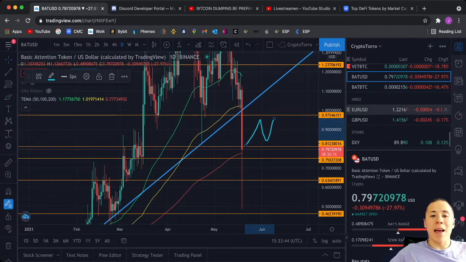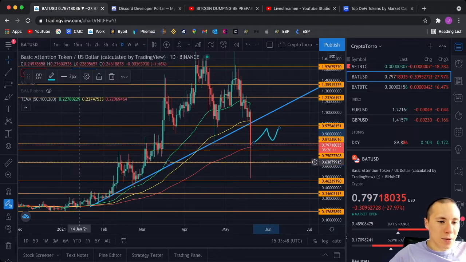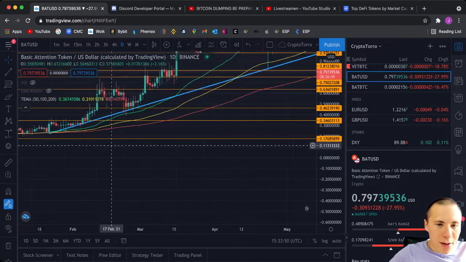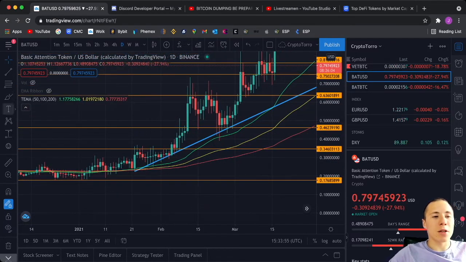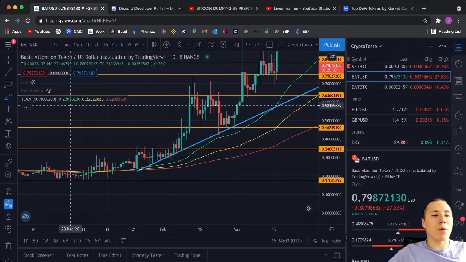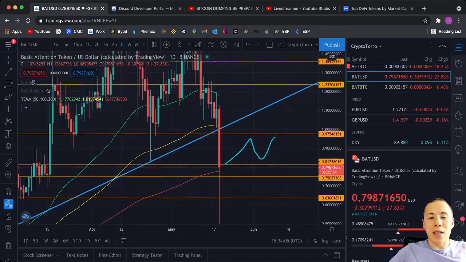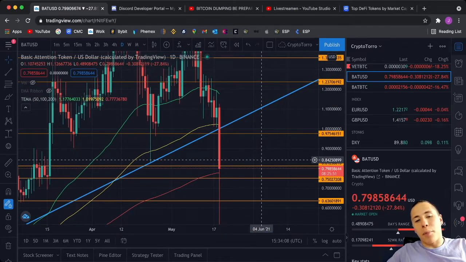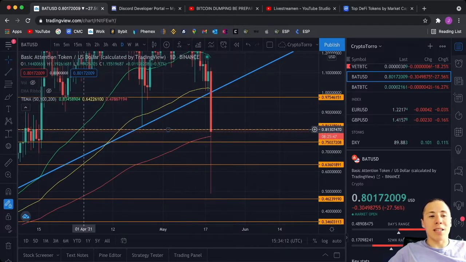And maybe if we look at the past, once it is trading just on top of the moving averages, you can see that when it finds support on it, a trend towards the upside is created. And that's personally why I'm still very pumped that we did not see basic attention token dropping even further below this 200 day moving average for this particular moment.